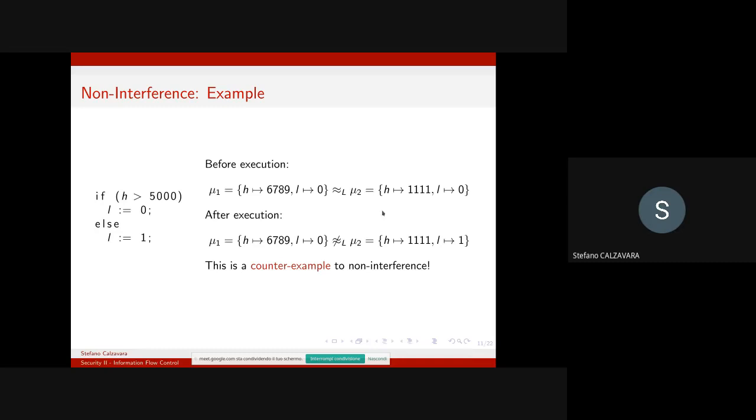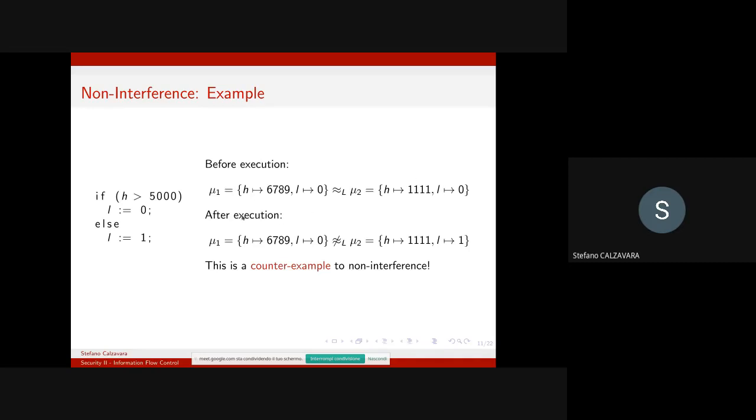In the second memory that we pick, variable h instead is bound to the value 1, 1, 1, 1, and variable L is bound to 0. These two memories are low equivalent because they agree over all the low variables, in particular on the variable L. The content of the variable h is different, but the attacker is not able to observe the content of the h variable, so this is fine.